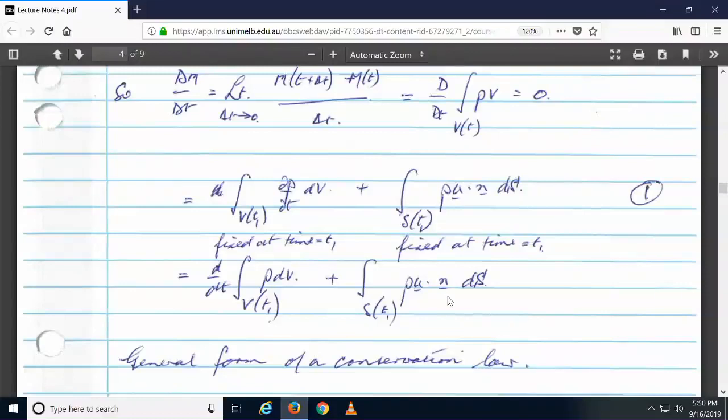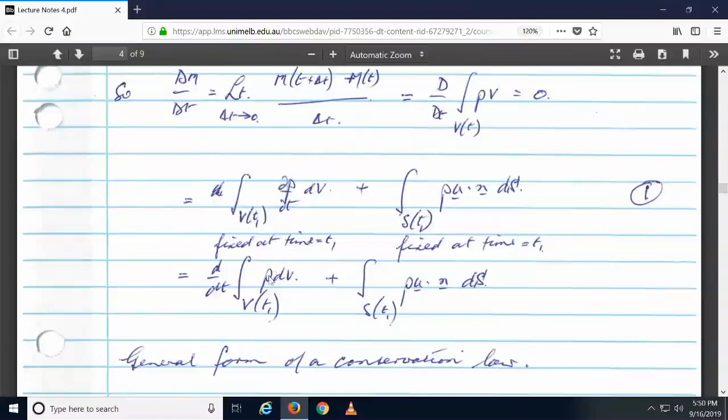So this conservation of mass with the moving volume gets replaced by a control volume, a fixed volume. And for a fixed volume, and by fixed I mean that it's the volume at t1, so it's the original volume.